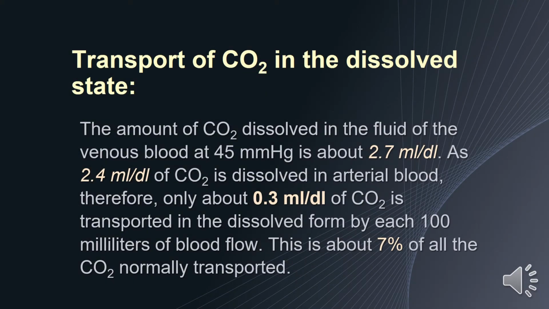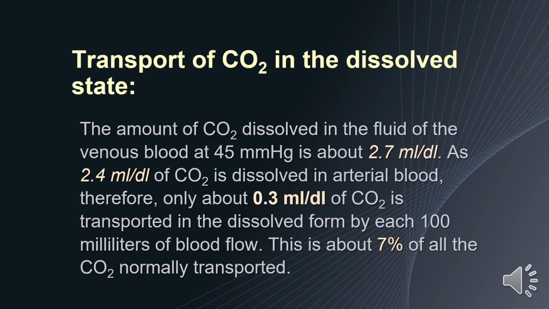Transport of carbon dioxide in the dissolved state. We mentioned that the carbon dioxide is highly water soluble, and the amount of carbon dioxide dissolved in the fluid of the venous blood at 45 millimeters of mercury is about 2.7 ml per deciliter.